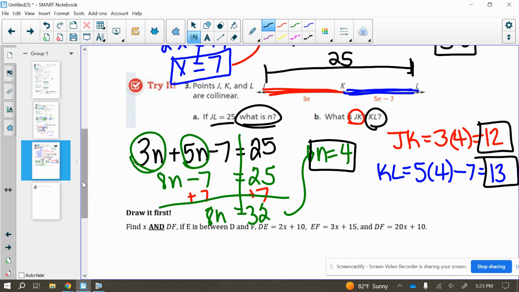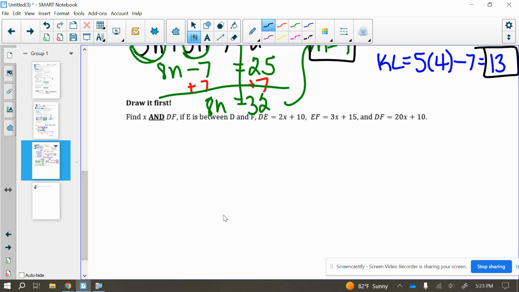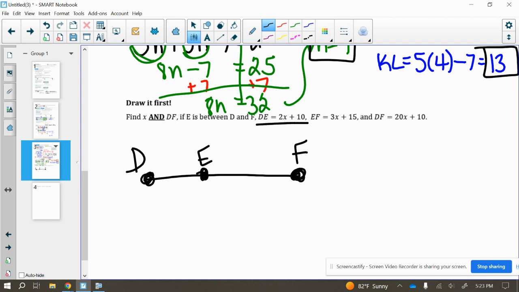All right, now down here at the bottom, we're going to start by drawing because they want us to find two things. They want us to find x and DF if E is between D and F. Point E, and then we're going to label DE is 2x plus 10, EF is 3x plus 15, and then DF is 20x plus 10.